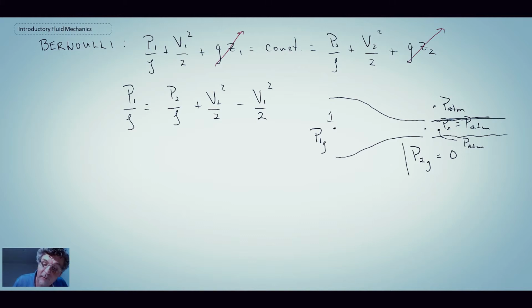But anyways, what we're going to pull into the problem is this right here, and that is that P2 gauge is equal to 0. And consequently, if we look at P1 minus P2, the difference between P1 and P2 is then going to be P1 gauge.